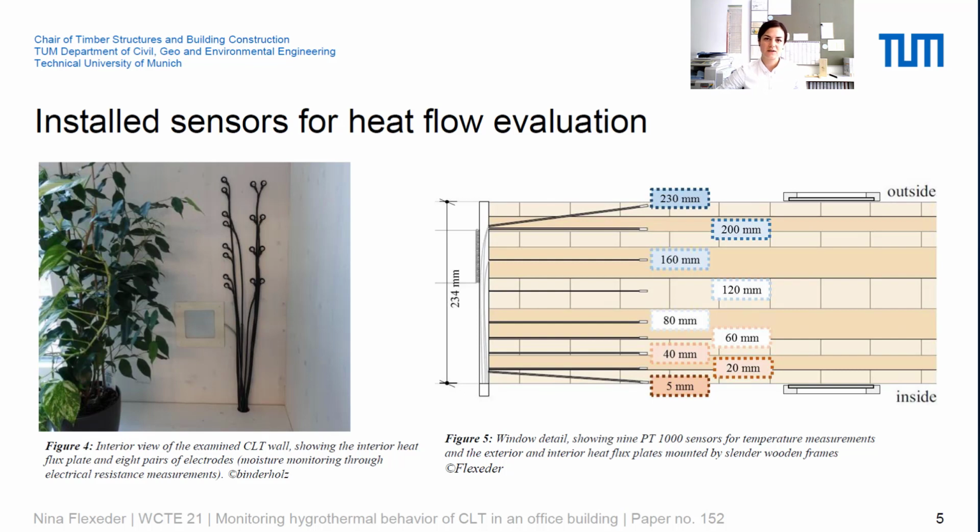On the right-hand side, you can see a horizontal cross-section where we've placed 9 PT1000 sensors in total to measure the material temperature in different depths. Please note that I always counted them from the inside by the distance from the inside surface.